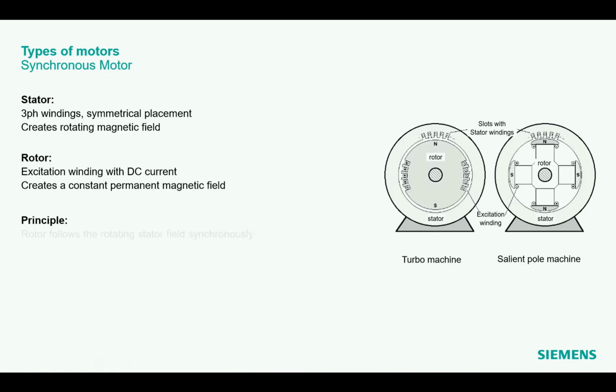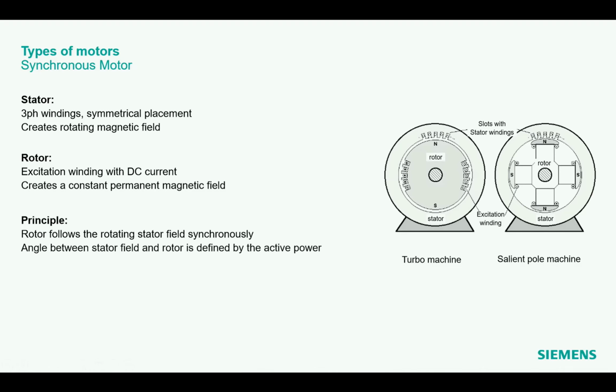So the principle now is the following, that the rotor follows the magnetic field of the stator synchronously. So there is not a slip, not a frequency difference, not a different speed. So the rotor really follows the field.